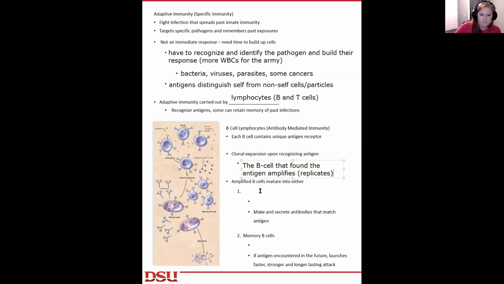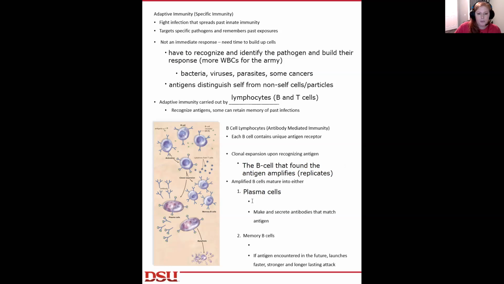Makes more of itself. All right, so once that amplification process has taken place, the B cells are going to mature into either plasma cells or into memory B cells.